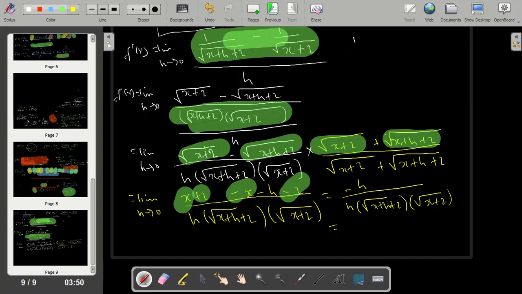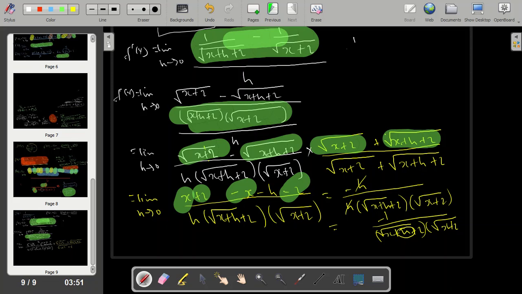So this h and that h can cancel, so I'm going to remain with negative 1 over the square root of x plus h plus 2, everything multiplying the square root of x plus 2. So when you put a 0 there, you are going to say this is just x plus 2.